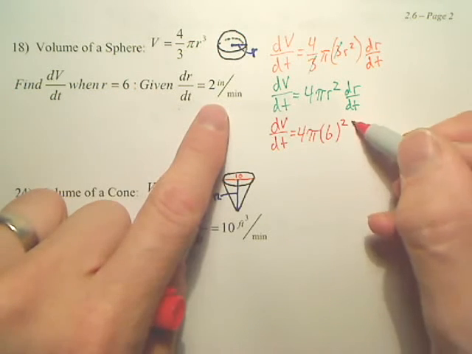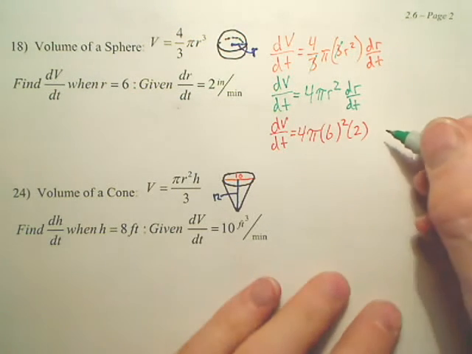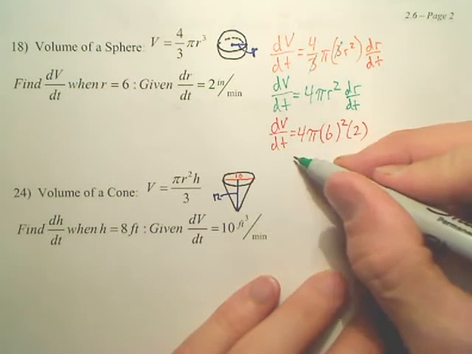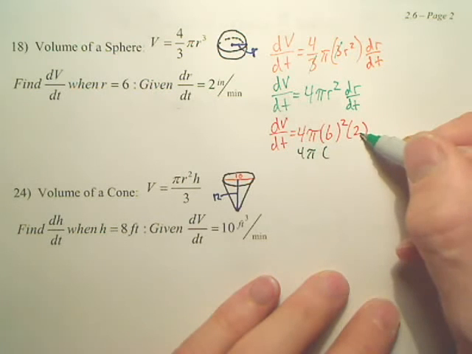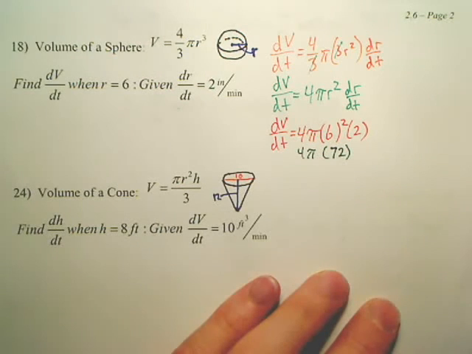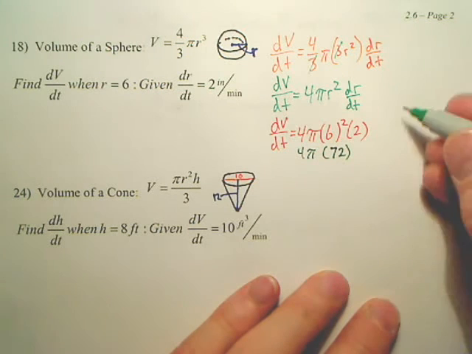And what's dr/dt? It's 2. So it looks like that becomes 36. So this is 4 pi times 36 times 2, which is 72. And then 72 times 4 is 288.